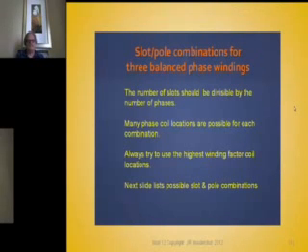Now, what about the stator pole-slot combinations for three-phase balanced windings? We discussed that in the last section, and I gave you a chart of the ones to avoid. This time I'm going to give you a chart of the ones that work.